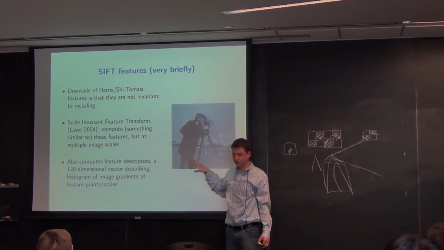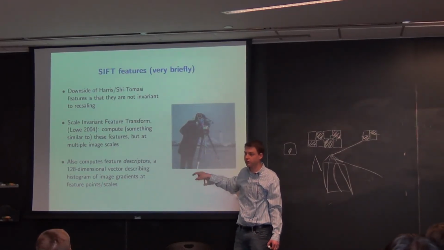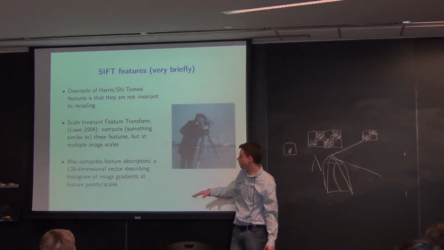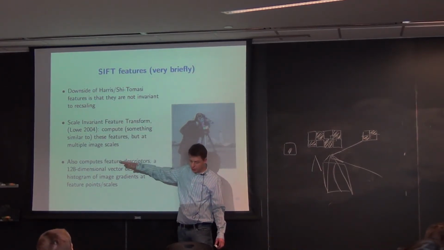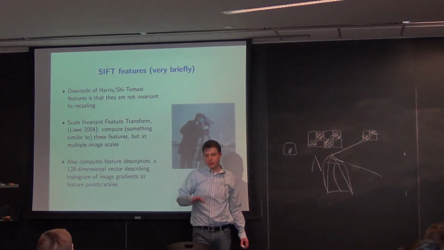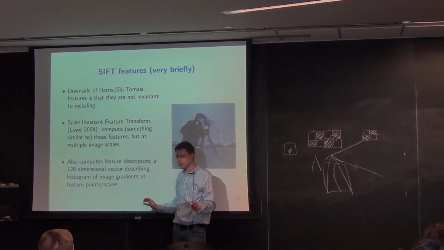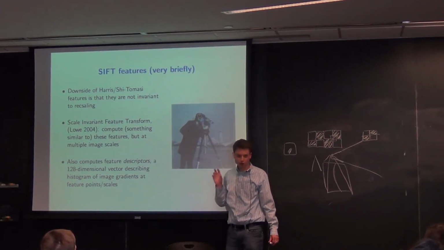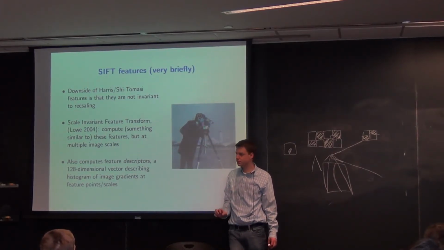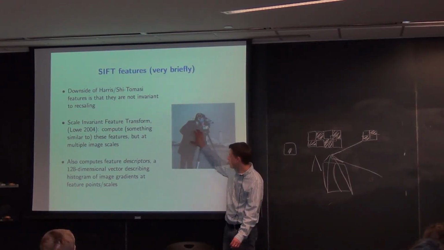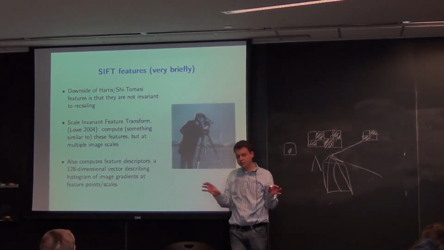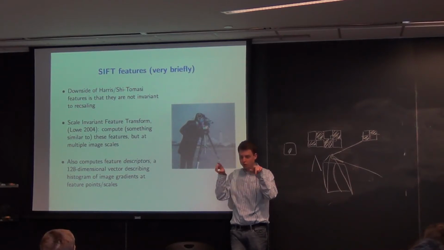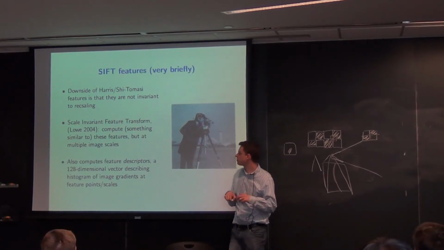SIFT also, in addition to just giving you the locations of features, gives you what's called a descriptor. Descriptors are more like what we think of in machine learning as features. They are fixed length vectors that describe, in this case, those points that are labeled as features. In the case of SIFT, these are histograms of what direction the gradient is pointing at points around that point in the space and for that scale.